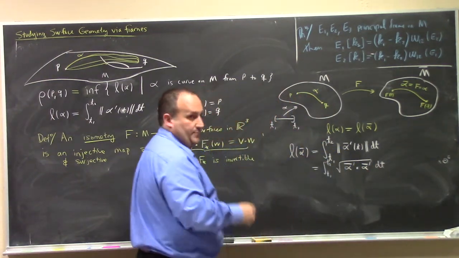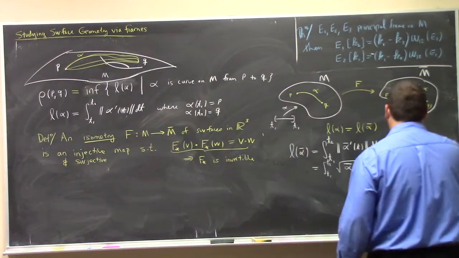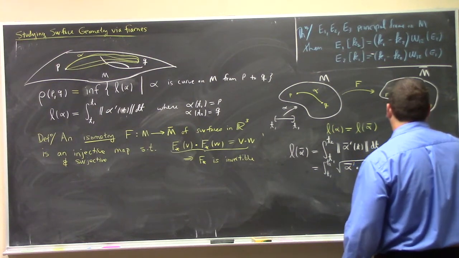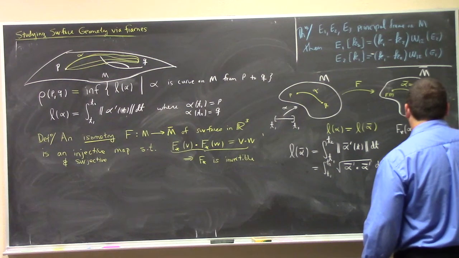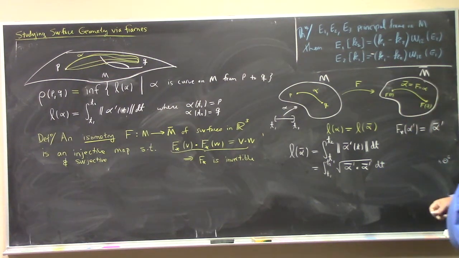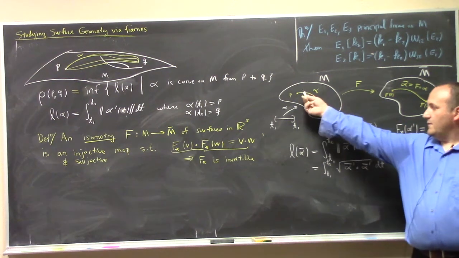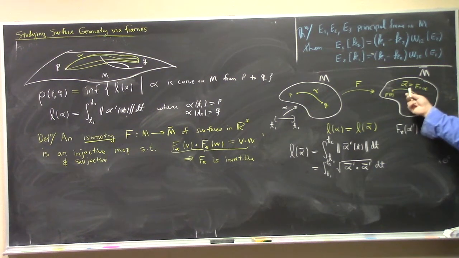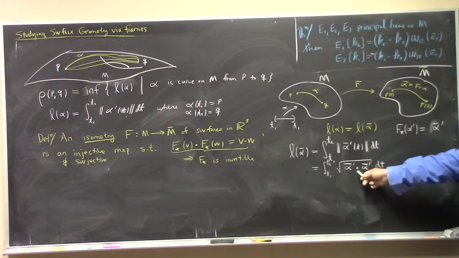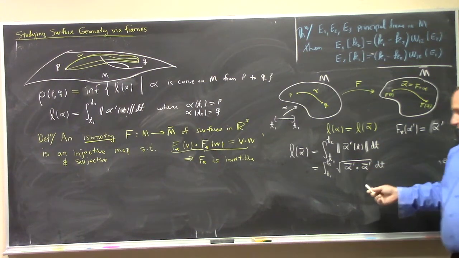But here's the thing. The push forward of alpha prime is equal to alpha bar prime. That is a definition in our current notation of the push forward. It says that you take the derivative here and you map it to the derivative of the corresponding curve over here at the corresponding point. That's one of the definitions of push forward. So this is straight up the push forward of alpha prime dot the push forward of alpha prime.